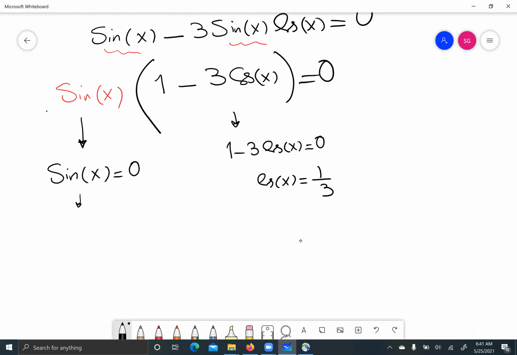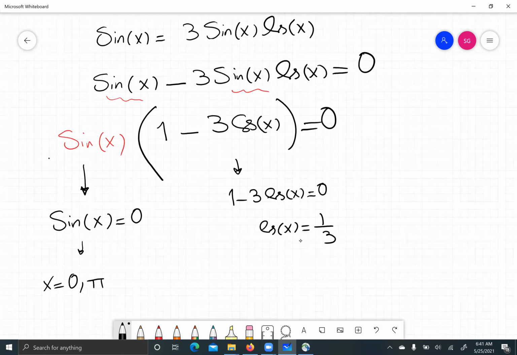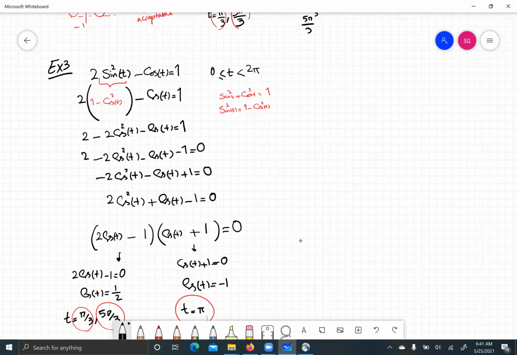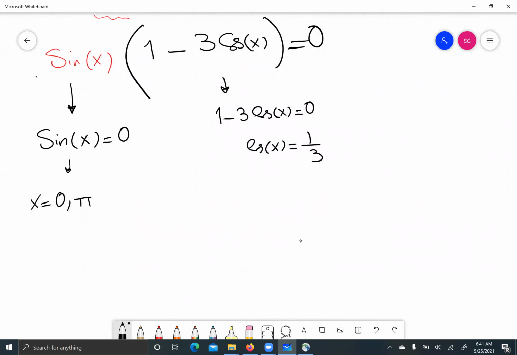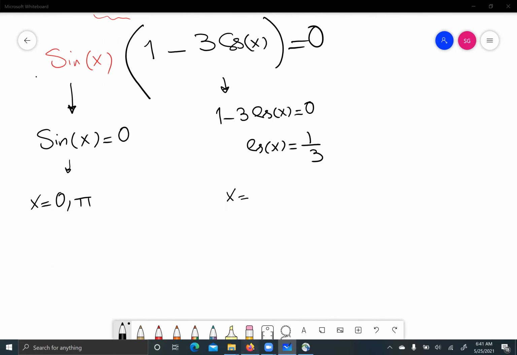So sine is 0 at 0, at pi, at 2 pi, but we have to stop before 2 pi. Okay, so 0 and pi. And cosine is 1/3 at, I need to use a calculator. For 1/3, I don't know, we need to use a calculator.